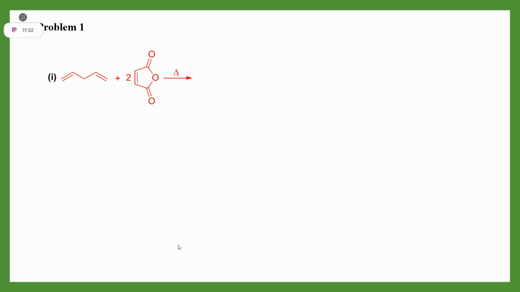So let's solve problem number 1 for today's session. Let's take a 1 minute pause and try to solve this question and tell me the product of this reaction. Basically, penta-1,4-diene is made to react with 2 moles of maleic anhydride, and heating condition is given.